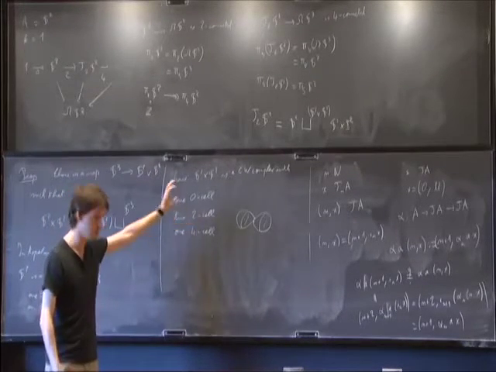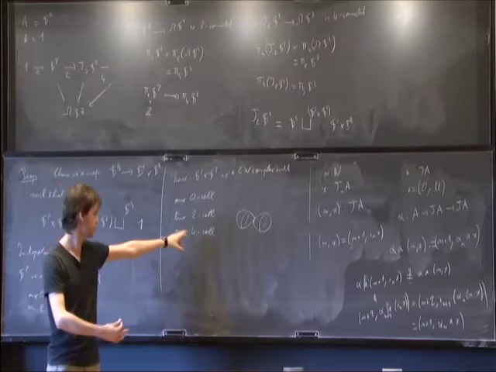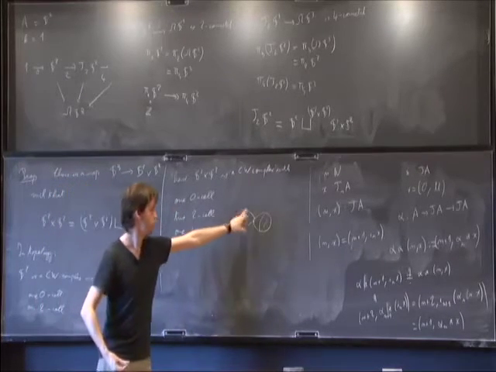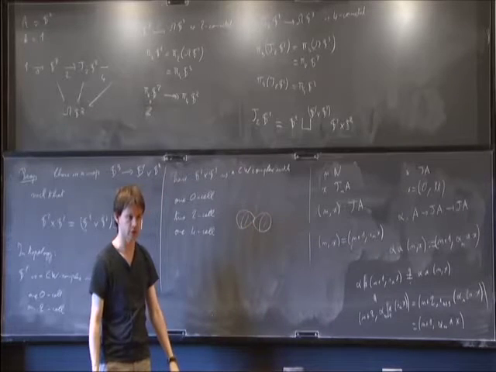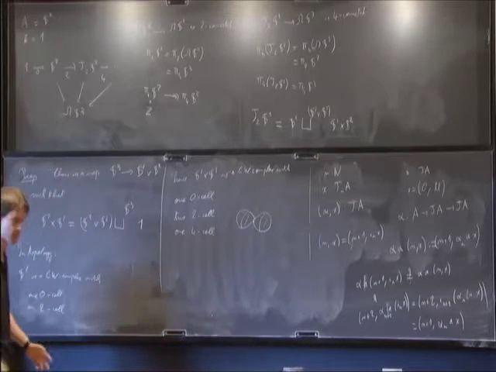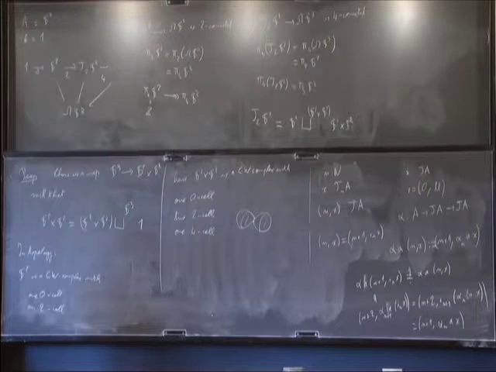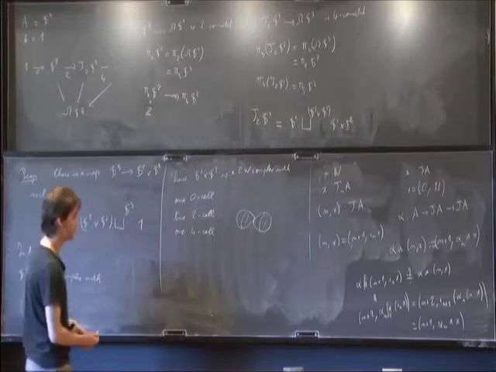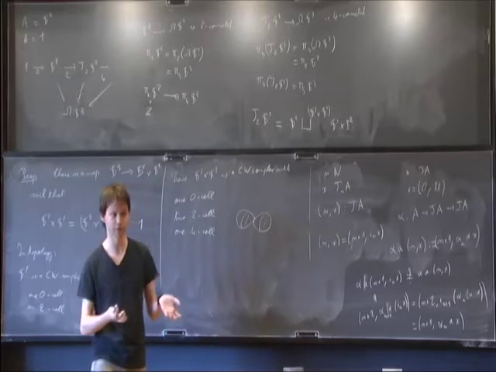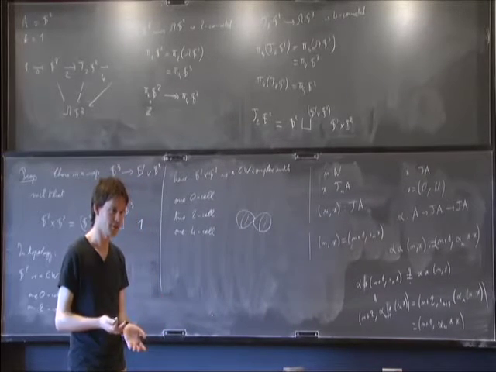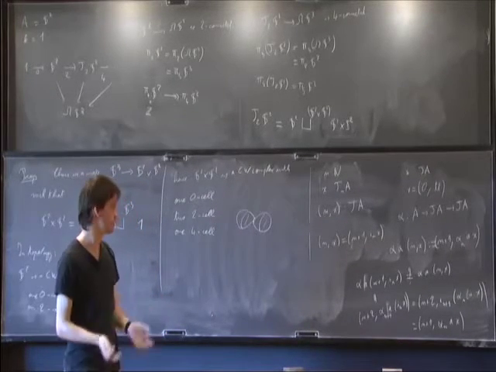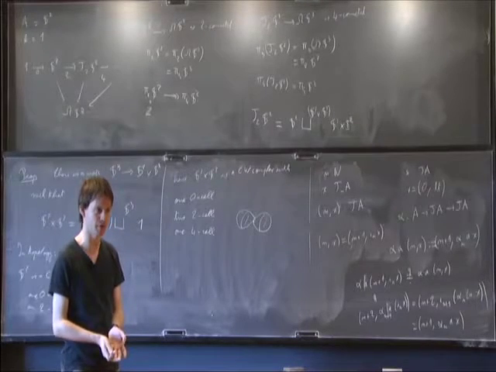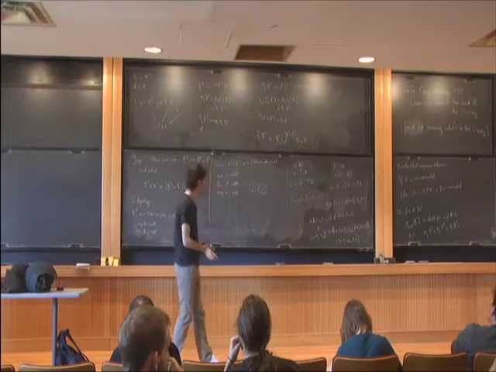So the attaching map is a map from the boundary of the 4-cell, which is S3, to the (n-1)-skeleton. This is very easy to do with CW complexes. Unfortunately, it uses the fact that, for instance, the boundary of a 4-dimensional disk is a 3-sphere, which is not at all homotopy invariant. So we cannot do the same argument in homotopy type theory.